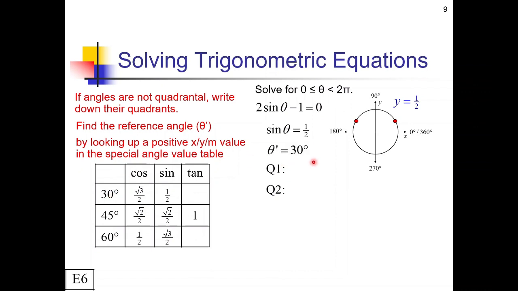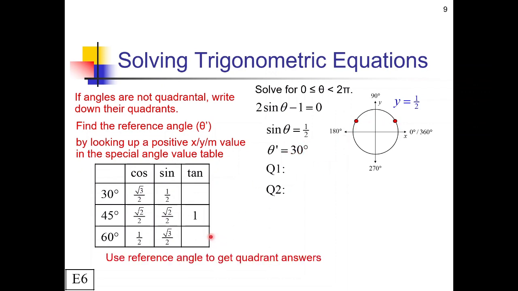Now, what does that actually do for us? The reference angle, remember, tells us how far we are away from the x-axis at whatever angle we're actually at. So the reference angle visually is telling us this distance right here, and it's also telling us this distance right here. Well, if you know how far this distance is angle-wise, and you've already got an angle that you're starting at, and same kind of thing over here, you can use this to figure out what these angles are just by using this reference angle.